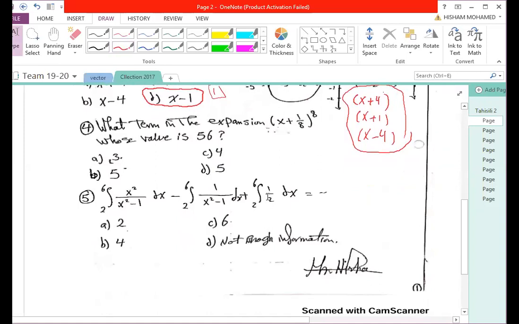Number 4. What is the term in this expansion, x plus 1 over x, all to the power of 8, whose value is 56?